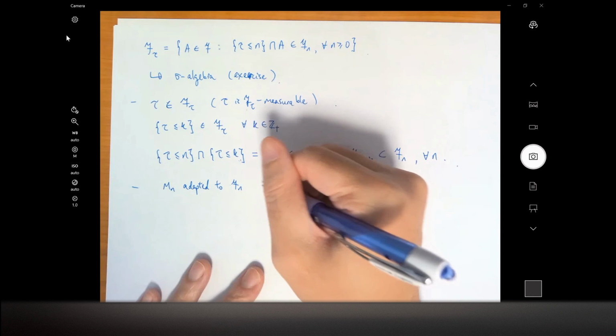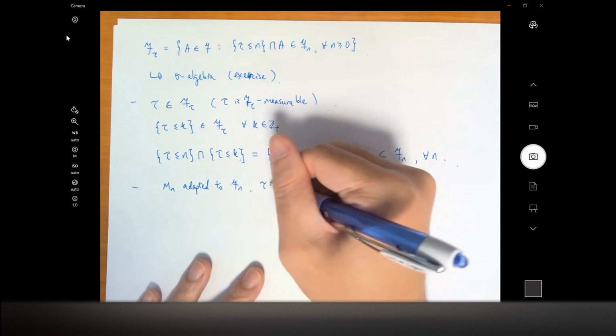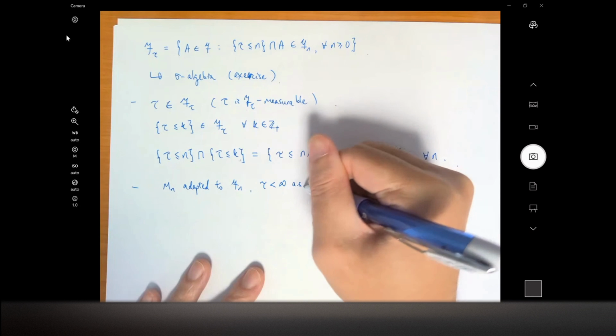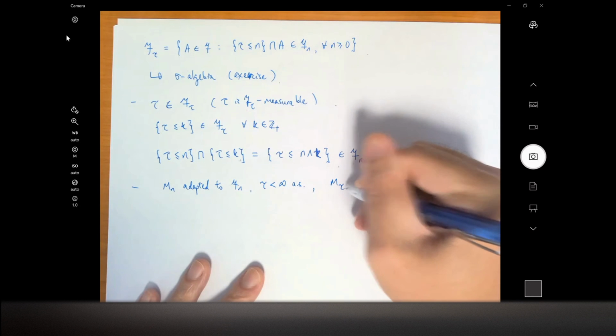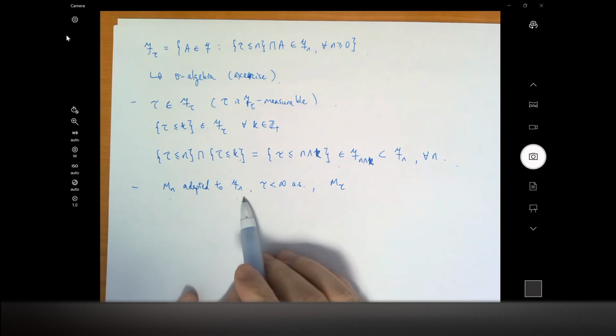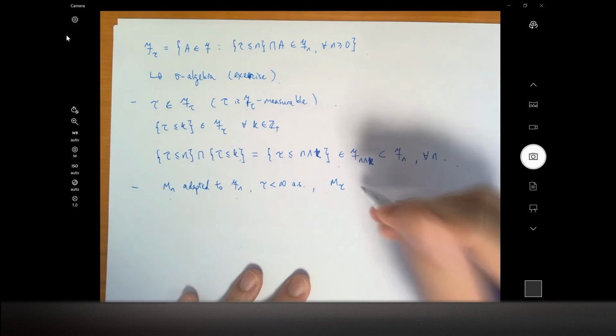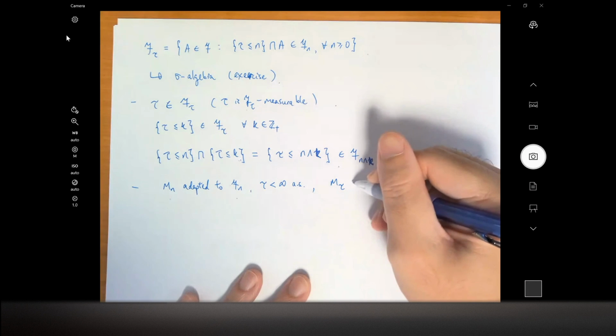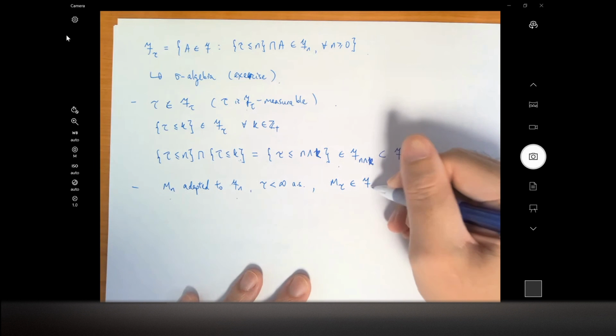Then we also assume that tau is finite almost surely, so that we can define M_tau. If M_n is adapted to F_n, then it turns out that M_tau is F_tau measurable, so it is also adapted to F_tau.